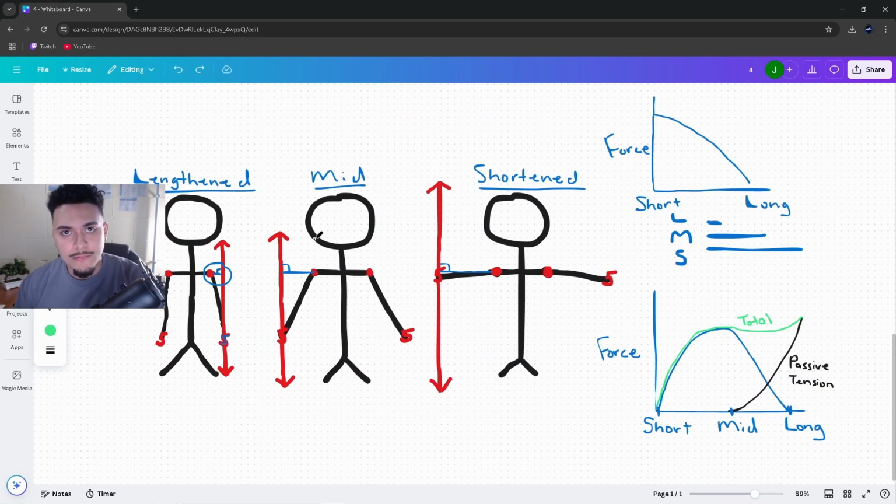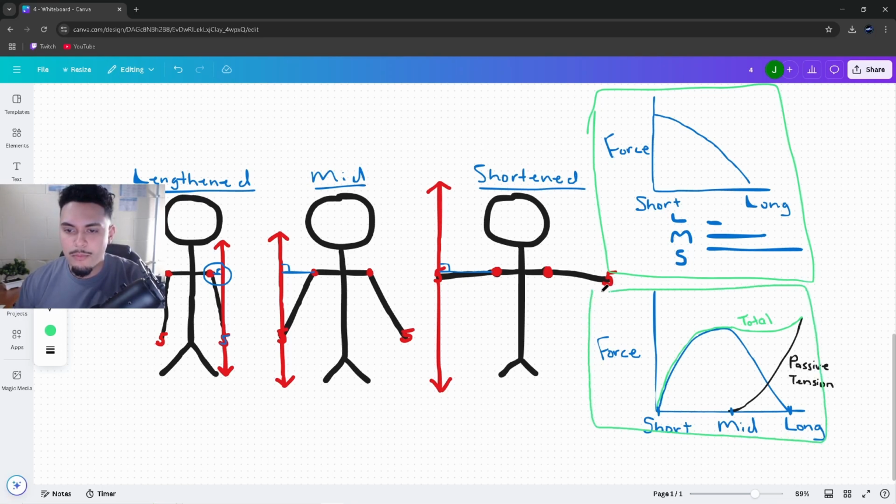No, it doesn't. But is it the most effective or the most efficient to incorporate in our training? No, it's not. And why it's not is simply because of this right here. That resistance profile does not match up with what we are capable of producing physiologically.